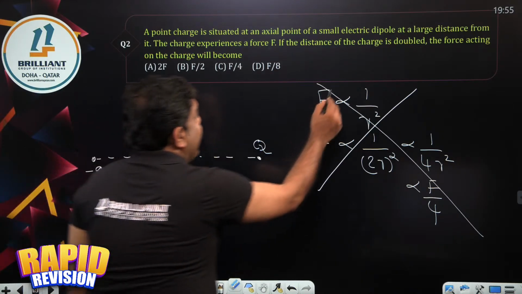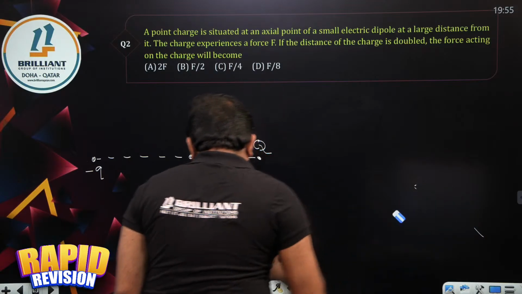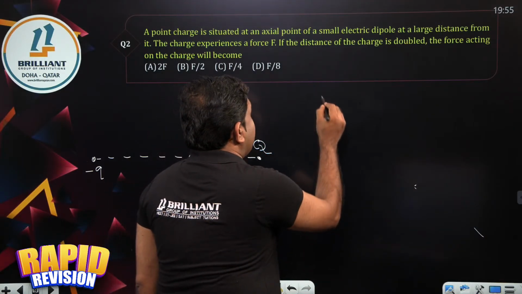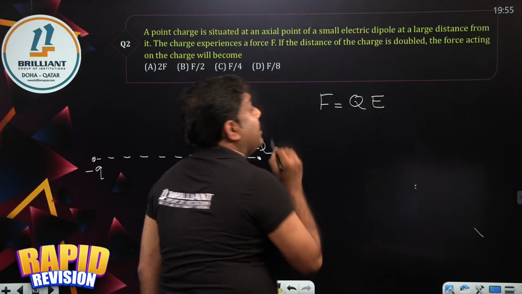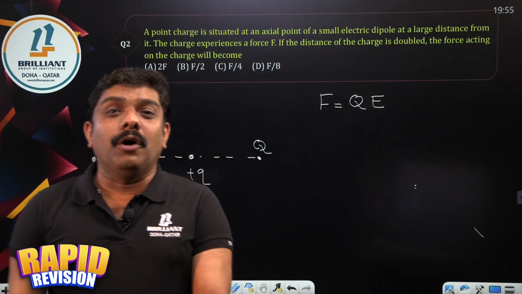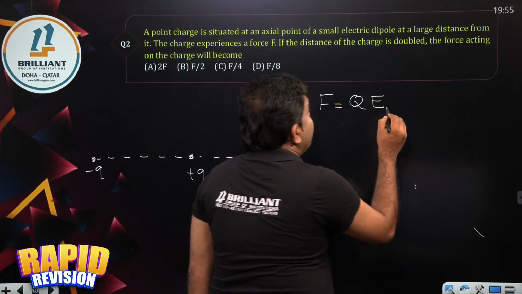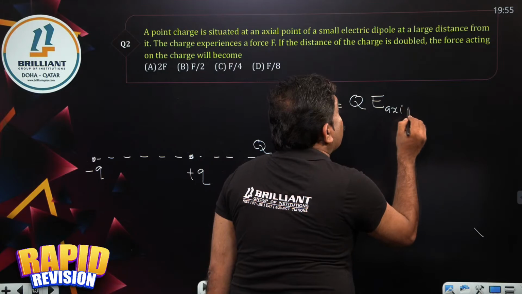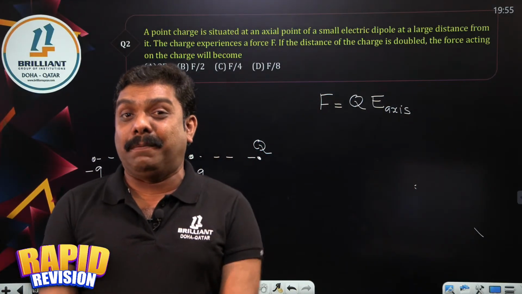The force F is equal to Q into E, where E is the electric field, so it is Q into E axial, the electric field on the axis of the dipole.